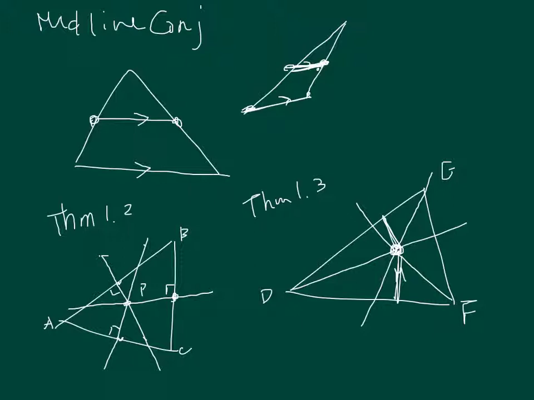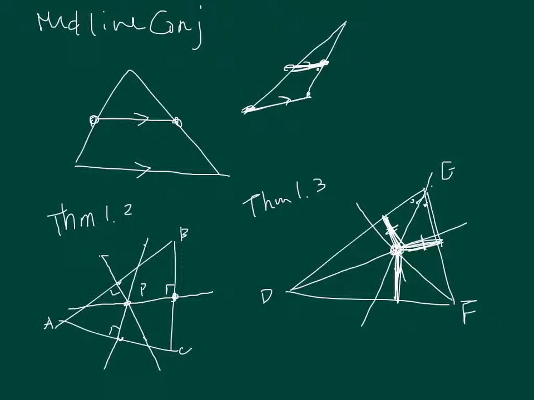And that also tells us, if you look at these 2 angles right there and right there, that the distance from M to EF will be exactly the same as the distance from M to DE.